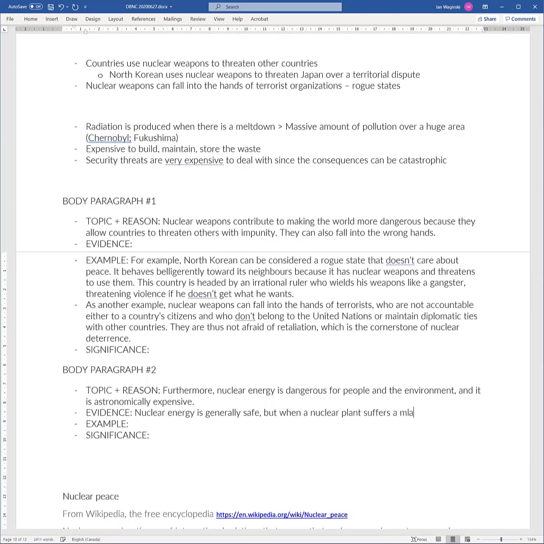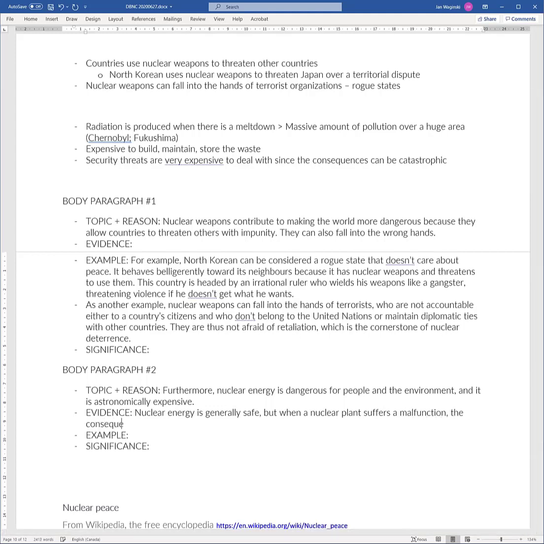And also, if we want to talk about the waste products of this energy, I read it somewhere, the waste products of this energy are dangerous too. Amounts of radiation, yeah.